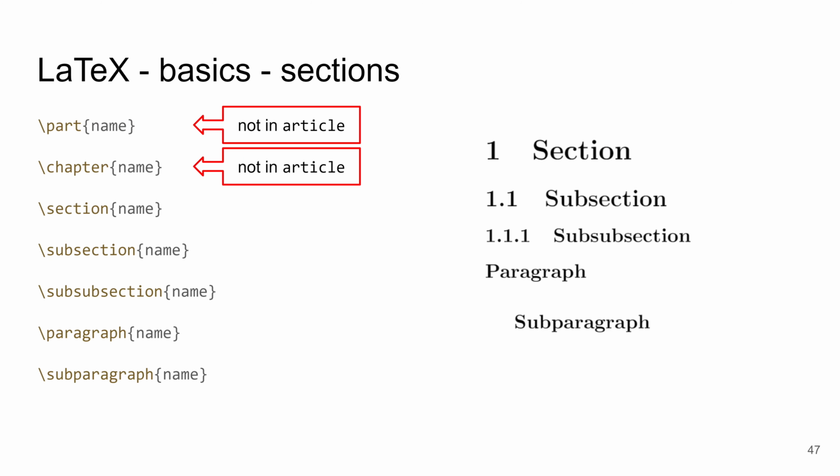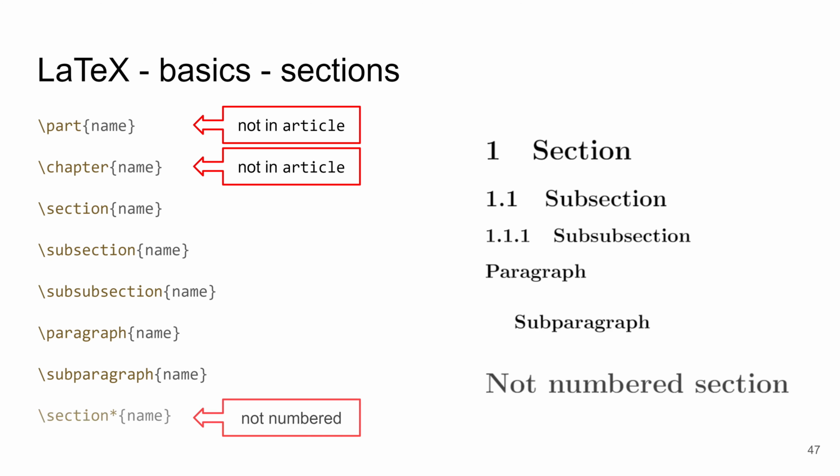Not all document classes need to implement all these levels. For instance, the article class doesn't implement the part and chapter sectioning. So in a typical article, you start with a section. And the result, again, is on the right. LaTeX takes care of numbering and formatting and all that.